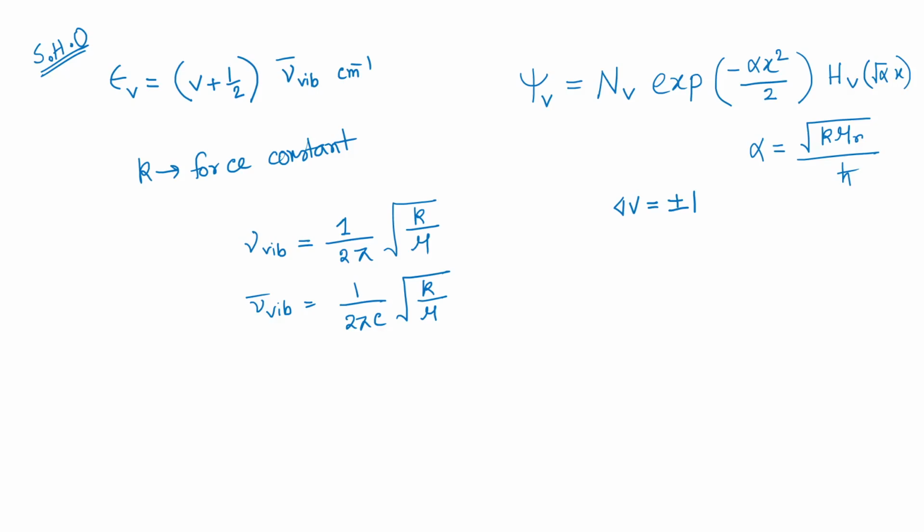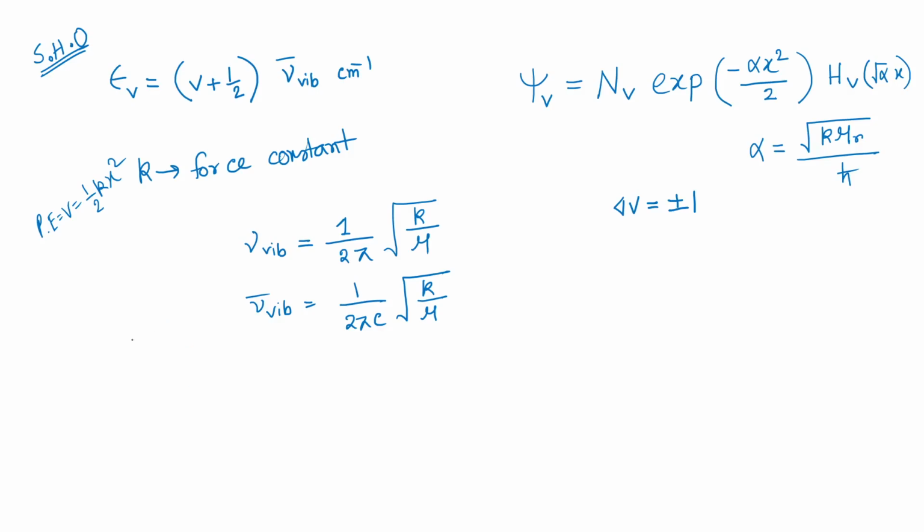Then the professor discussed the anharmonic oscillator, which is the real condition. In case of the SHO, your potential energy V is half k x square, which follows a symmetrical parabola.